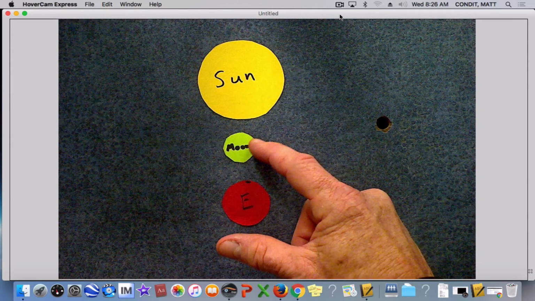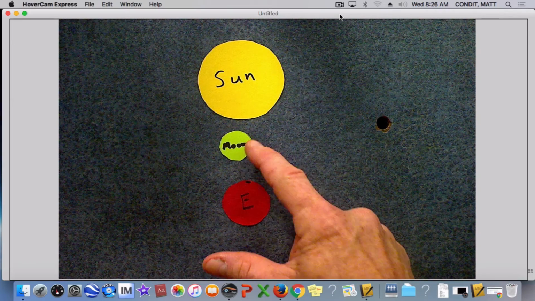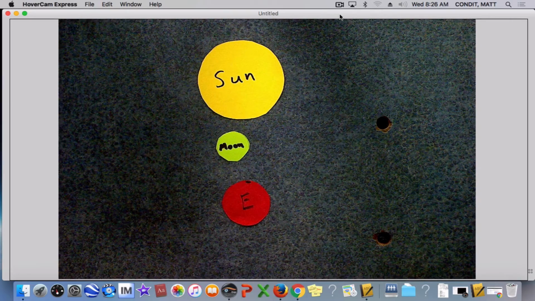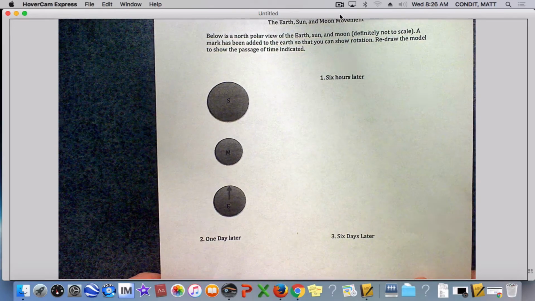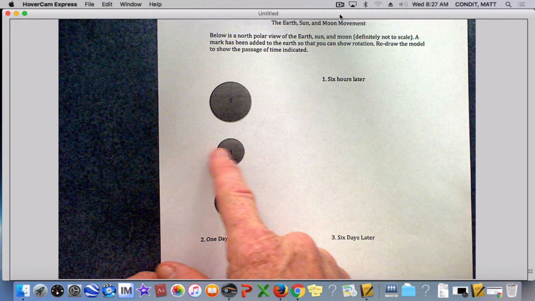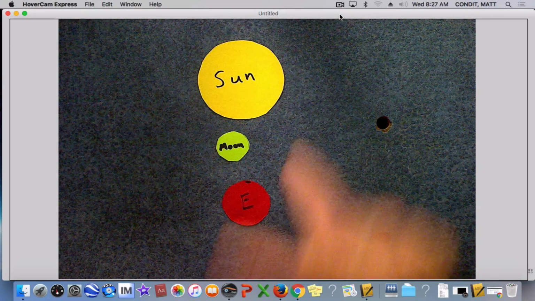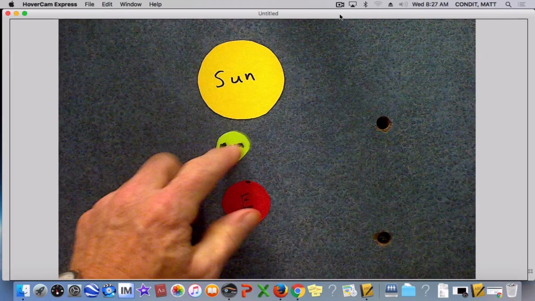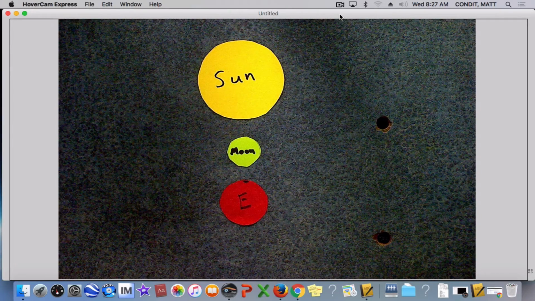So in 1 day, this is going to move a little bit, but not much. You have to think of this broken into 30 pieces and how much that would be. So it looks very much like this, but in 1 day, we want to move this just slightly this way. And remember, from a North Polar view, all of this is happening in a counterclockwise fashion.